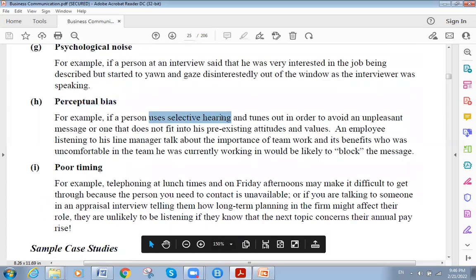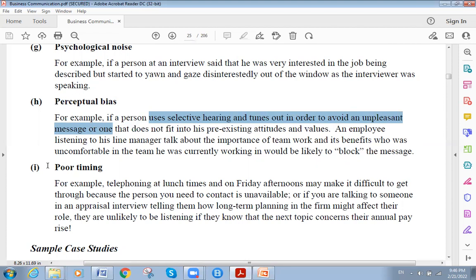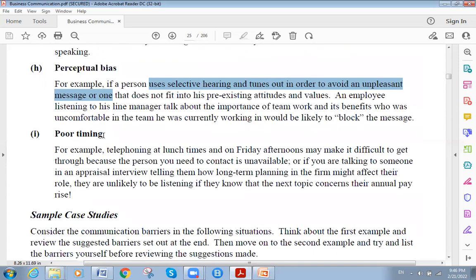If a person uses selective hearing and tunes out to avoid an unpleasant message, or, for example, you hate a guy, or you are biased towards a specific group, then you might interpret their reaction in a meaning they didn't intend, because of your bias, so you misunderstood. Poor timing is also one of the barriers to communication.